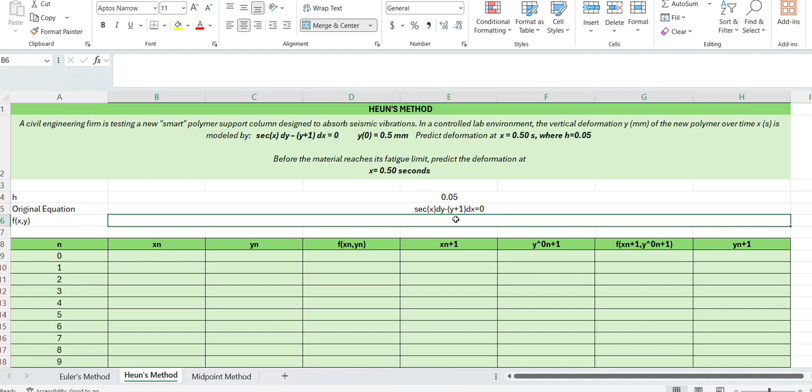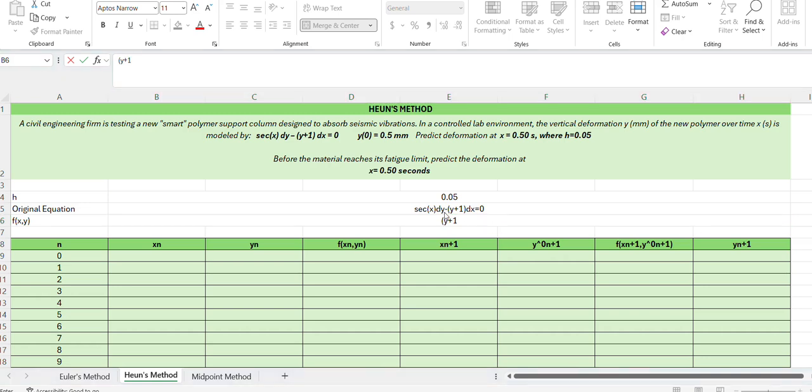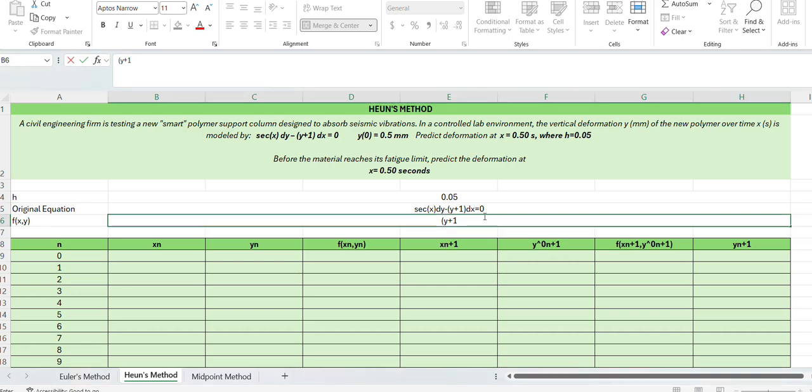We recall that 1 over secant x equals cosine x by a reciprocal identity in trigonometry, and we write y plus 1 times the value of cosine x.